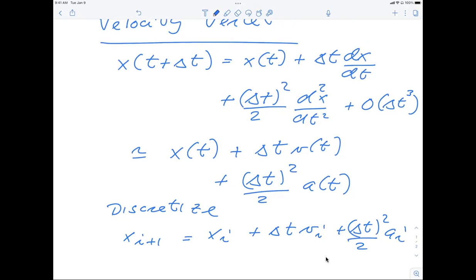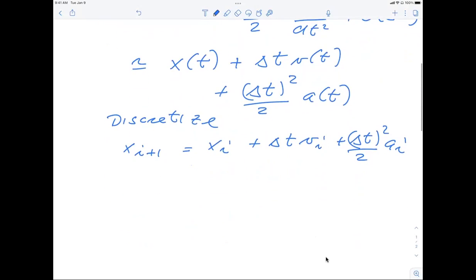Now, the other quantity we are interested in is the velocity, because we are integrating up velocity and we are integrating up positions. So when you deal with classical mechanics, it's always about this. We want the position and the velocity of some kind of object under the influence of some forces. So the next quantity we need is just the velocity. So we would do the same thing, Taylor expand again.